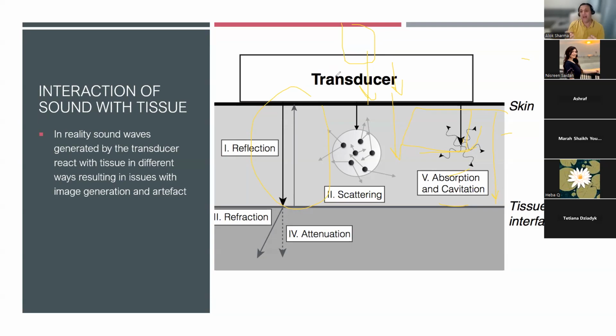So if you have adequate gain, it means that your sound waves are mostly being reflected perpendicular, and you might have areas of tissue that you want to magnify or see much better. So you might have to alter and move your transducer to be able to do that. Or you might have to change gain settings, which improves the energy of the sound wave coming back to you and reduces attenuation.